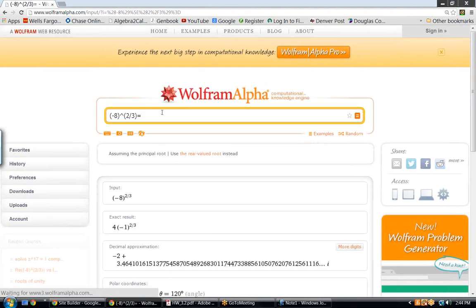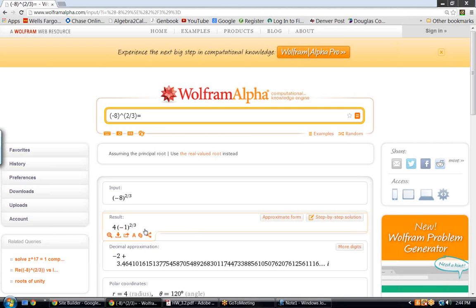I'm confused as well. This isn't the first time I've been confused about this problem. I'm not sure why. I think it has to do with notation. Clearly, if we take the cube root and then square it, we get plus 4. And if we square it first and take the cube root of that, we get plus 4. So I'm not quite sure where they get minus 4.